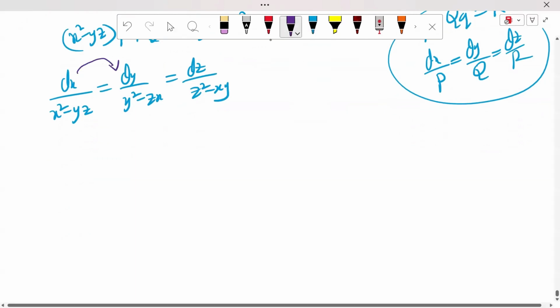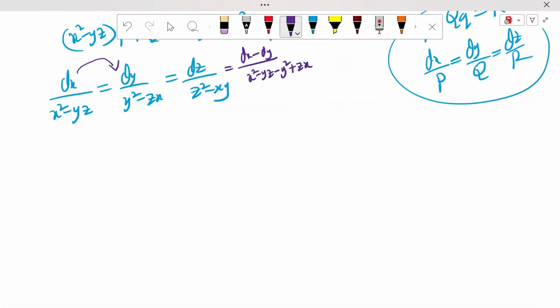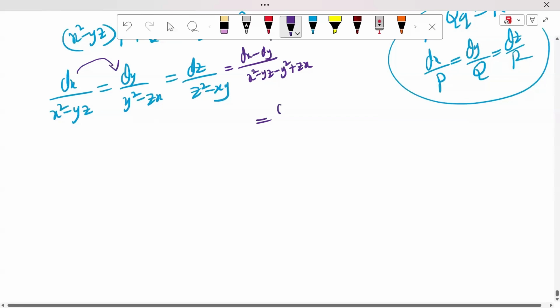For example, if we subtract, it is dx minus dy, which gives x square minus yz minus y square plus zx. Next, dy minus dz is y square minus zx minus z square plus xy.